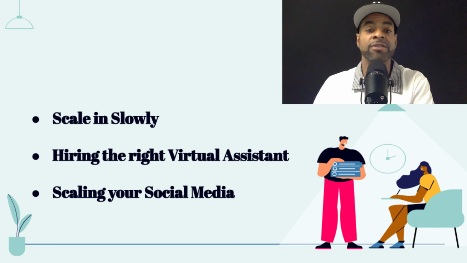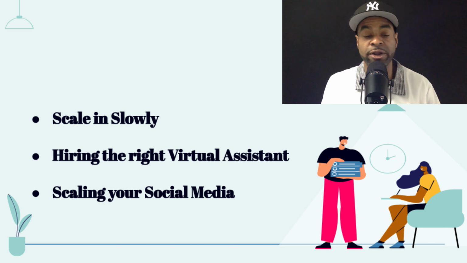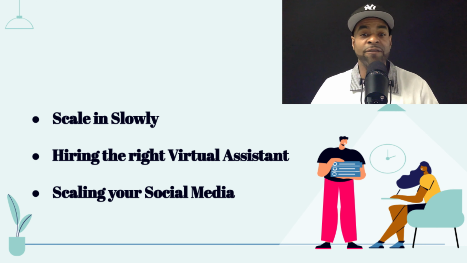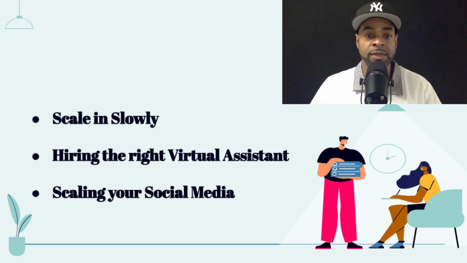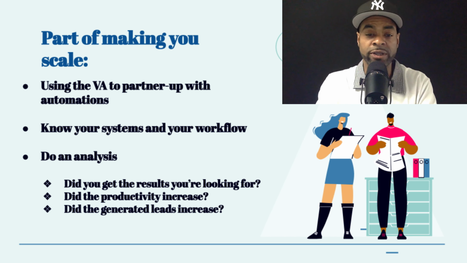Now you're able to increase the productivity beyond what you were already doing. So if you have that much content, either you can use that VA or hire another VA. And scaling is not just hiring a VA, it's using the VA to partner up with automations.